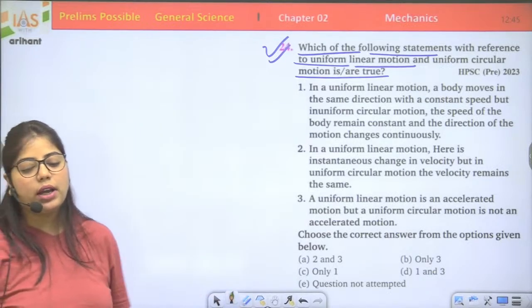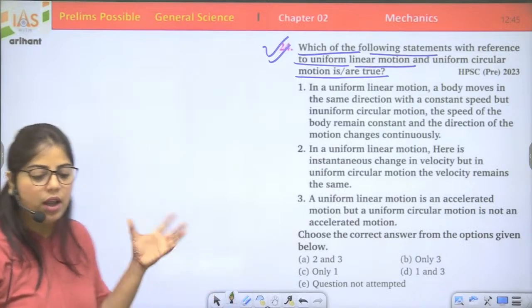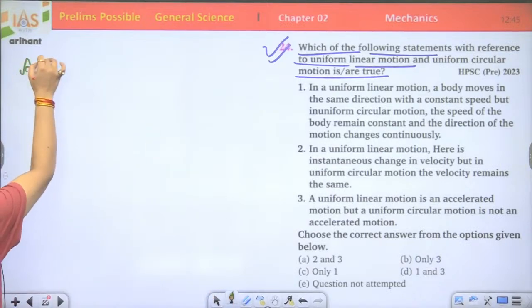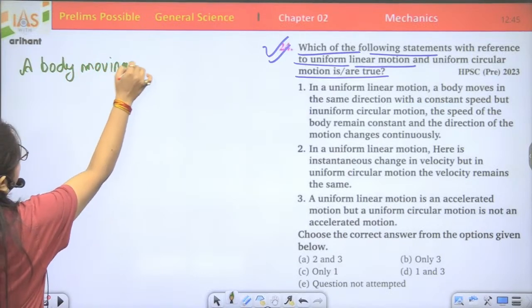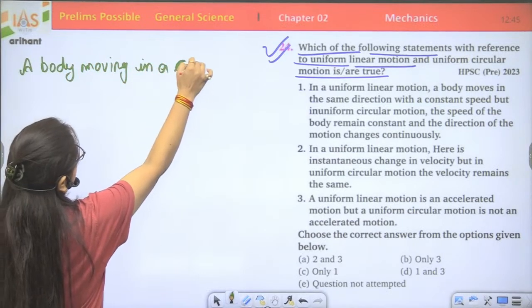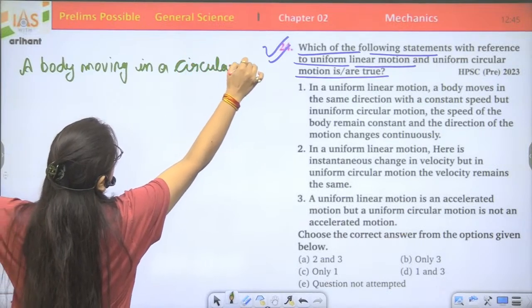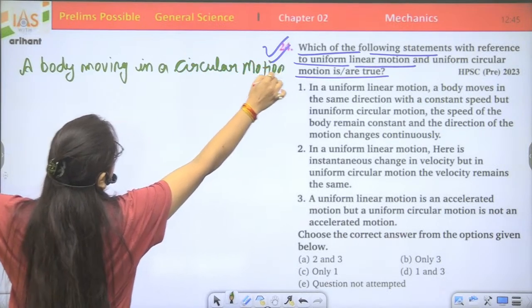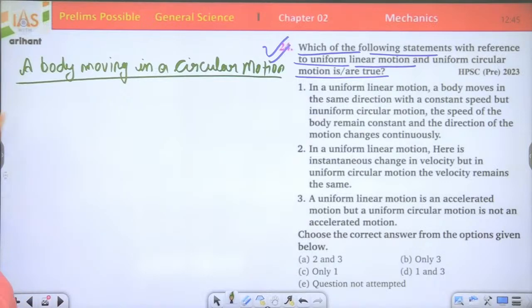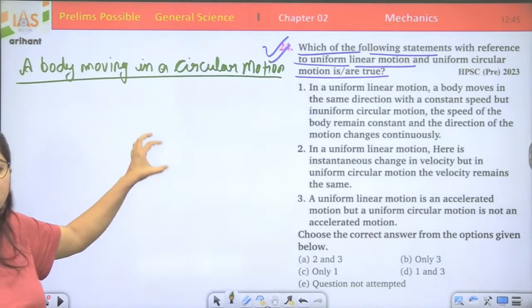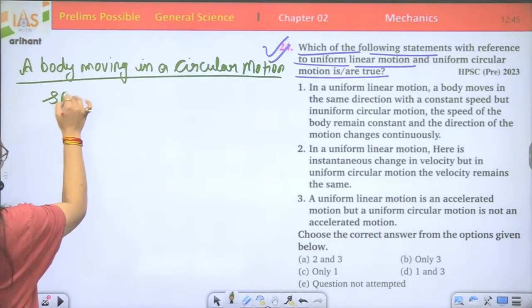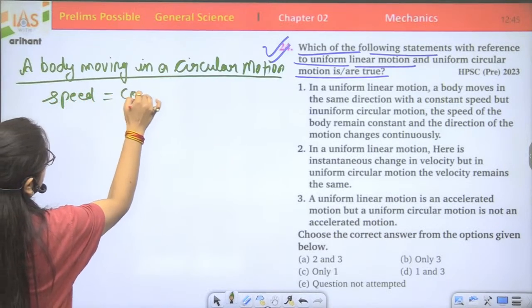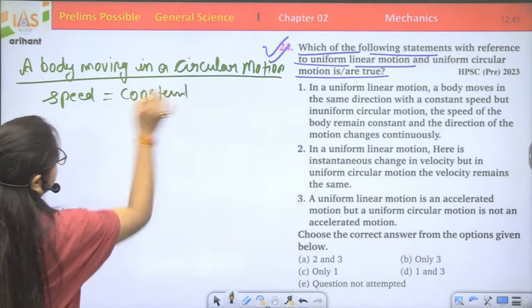See, when we are talking about uniform circular motion, a body moving in a circular motion, the speed attained by the object will remain constant. So here speed will remain constant, right?